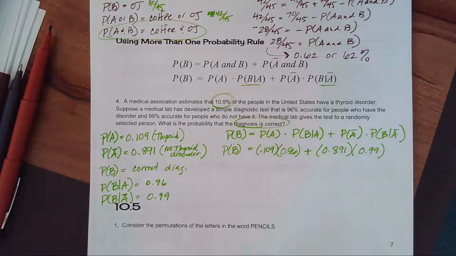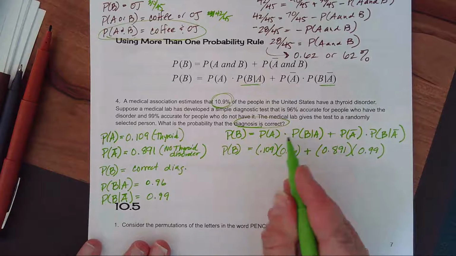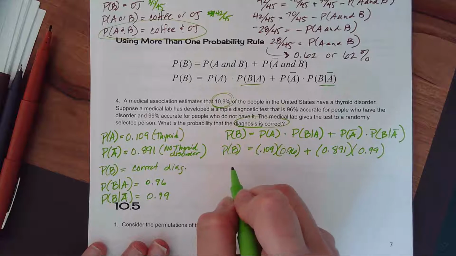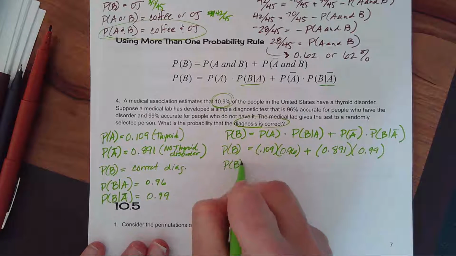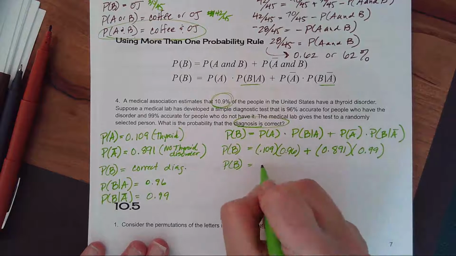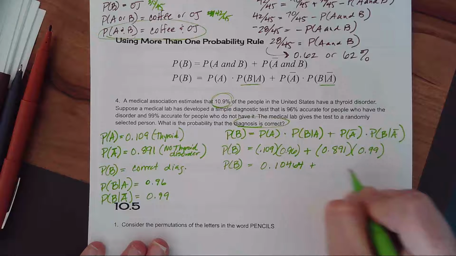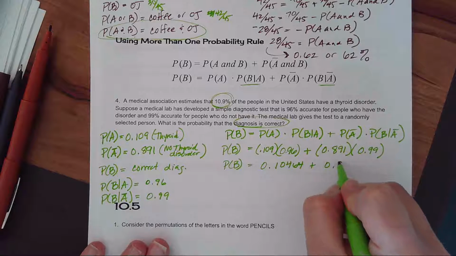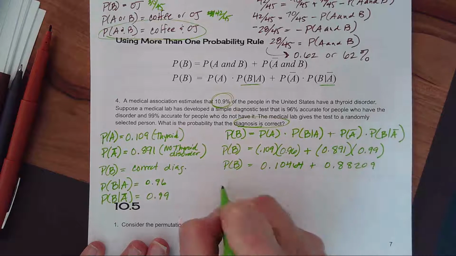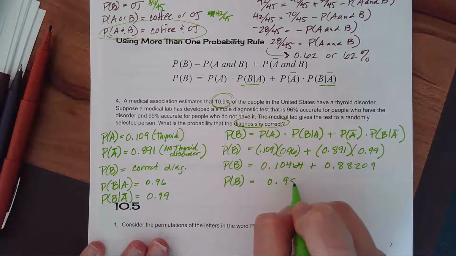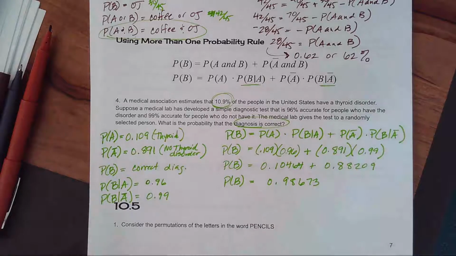Again, this is a little bit confusing just because there's a lot going on in this problem, but this is multiplication, and then you're adding those two things together. All right, I'm going to put this in my calculator. I get about 0.10464, giving a few decimal places here. And on this one, I got 0.88209. Put those together, I get about 0.98673.